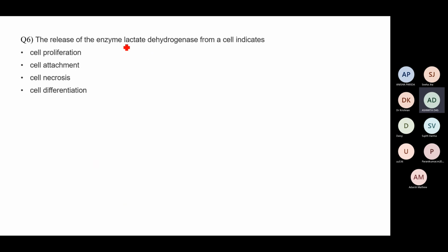Can anyone tell me where lactate dehydrogenase is mostly found? Ma'am, it's cell necrosis. Okay. Anyone else? Any answer?